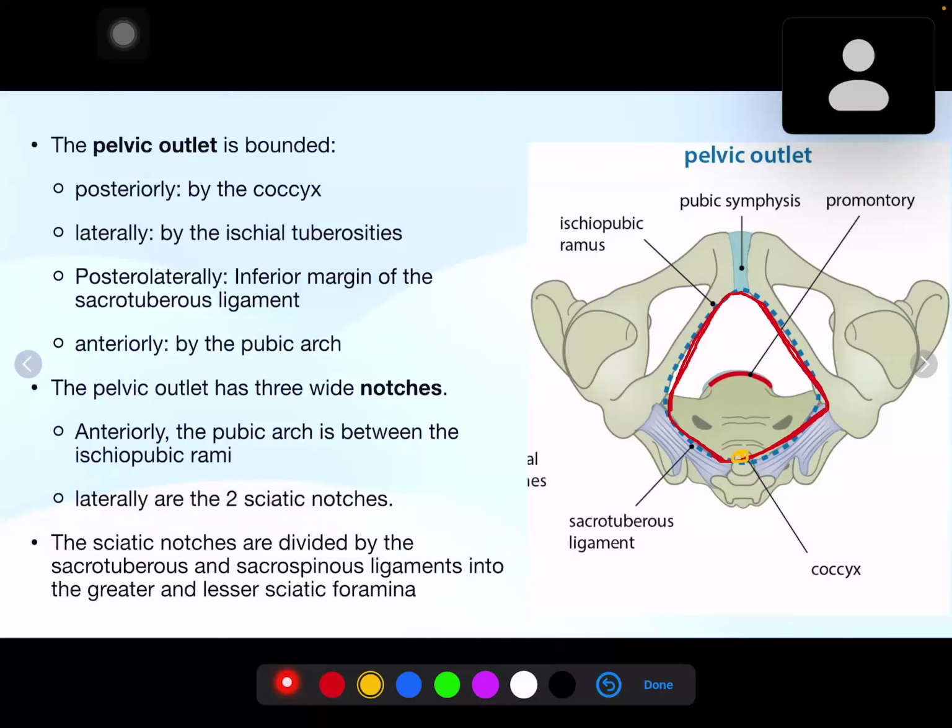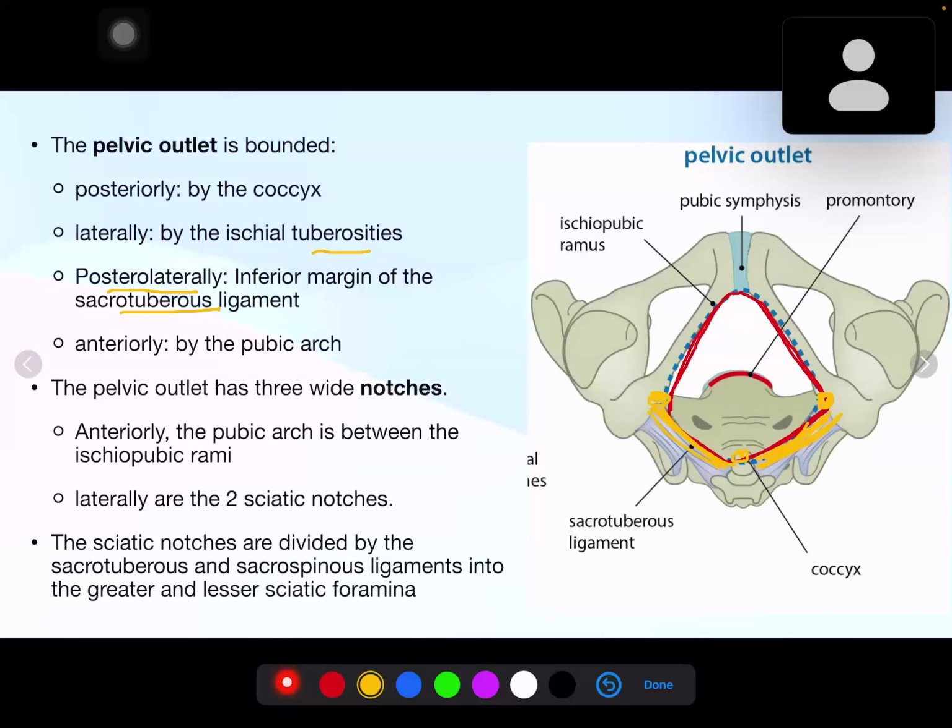Then laterally, these are the ischial tuberosities, and you see this ligament attaching to the tuberosity. It would be the sacrotuberous ligament. So posterolaterally, this is a lateral but posterior border, would be this sacrotuberous ligament.